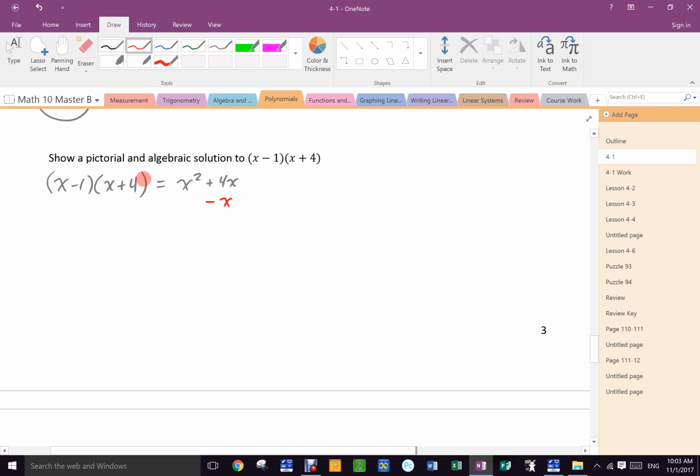What's negative 1 times 4? Negative 4. And then I just add it up. X squared. 4 take away 1 is 3x. Negative 4 is all by itself. Negative 4. Everybody cool? Easy peasy lemon squeezy.